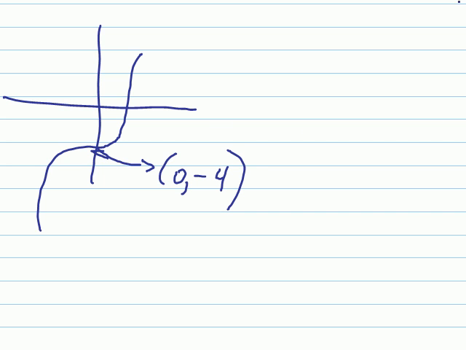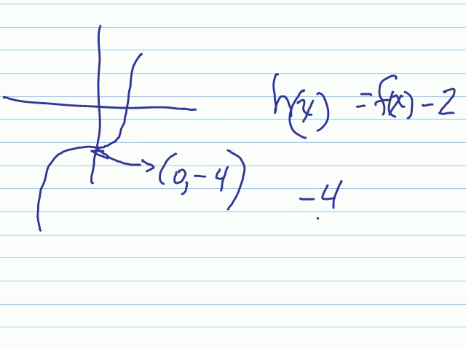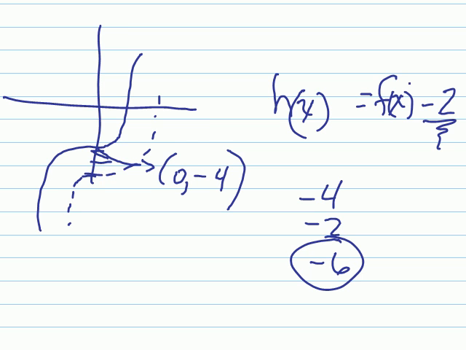Now, let's say we were saying, all right, find the transformation if h of x equals f of x minus 2. Now, it would go from -4, I would subtract 2 more, down to -6. In other words, this would move down to -6, and it would now be going through -6 because that -2 shifts it down that much.